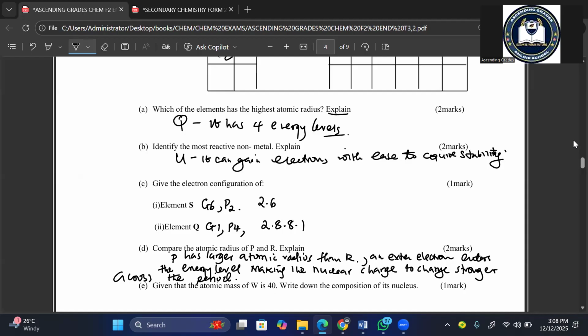So across the period, there will be a general decrease in the atomic radii because within the same energy level, there will be an automatic extra increase of 1 electron, and this increases the net nuclear charge.